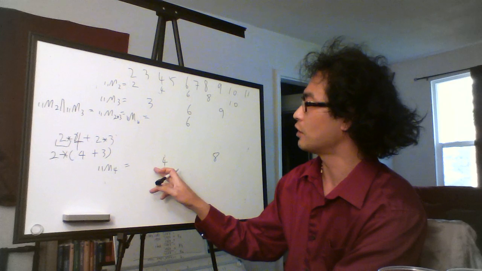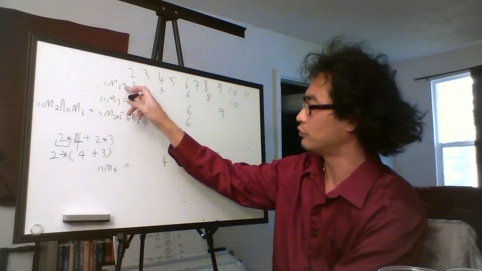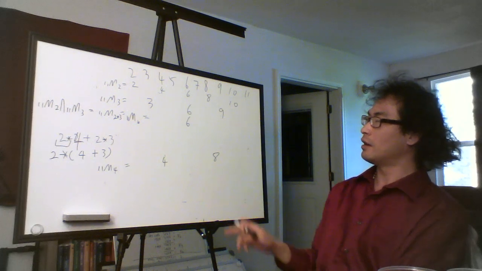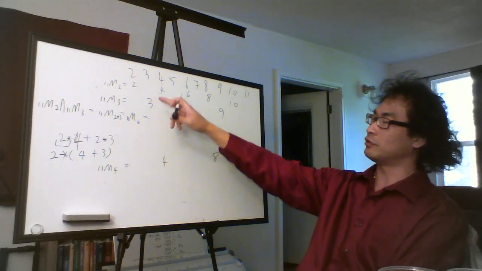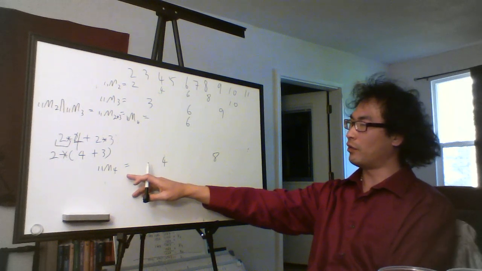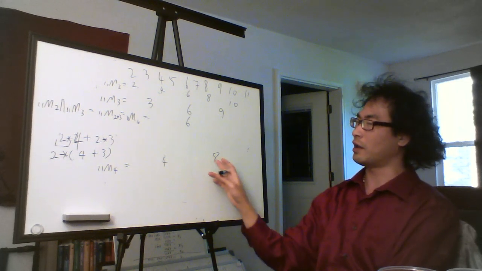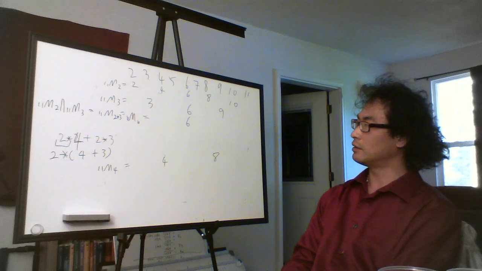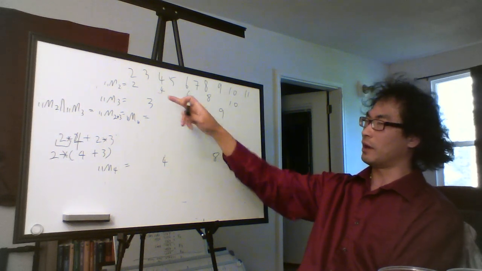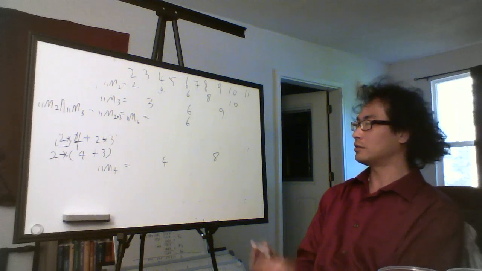And also this is a subset of 11 and 2, right? 2, 4, 6, 8, 10, and that's 11 and 2, multiples of 2, right? But 11 and 4, it's just 4 and 8. It's a subset of 11 and 2. Just an observation.